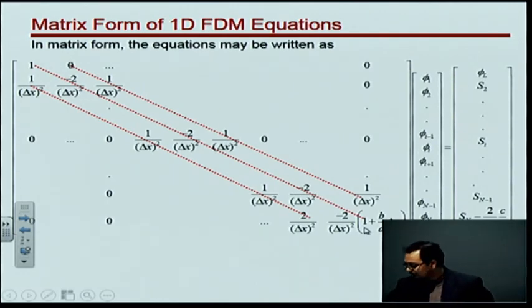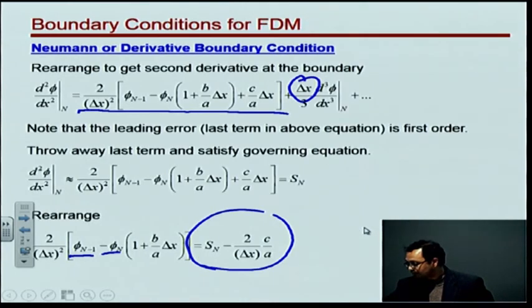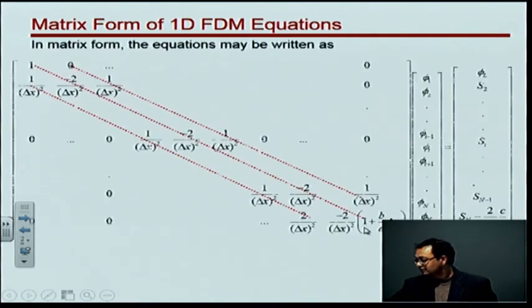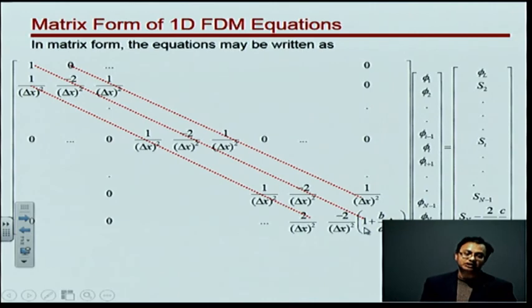So again, if you go back here, phi n gets multiplied by negative 2 over delta x squared times 1 plus B over A delta x, which is what we have here, and then the other guy has a 2 over delta x squared in front of it.